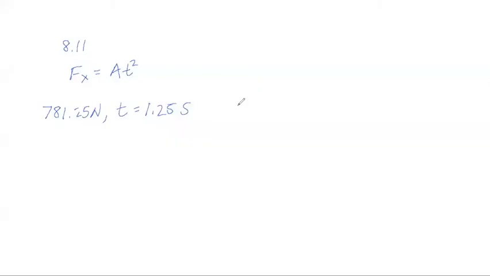All right, to solve for A, we're just going to use these two values. So we've got 781.25 newtons equals A times 1.25 seconds quantity squared.